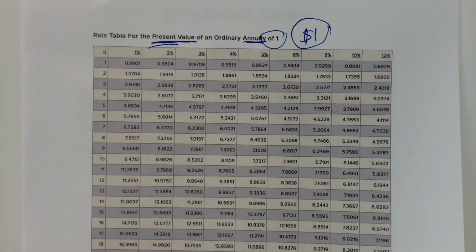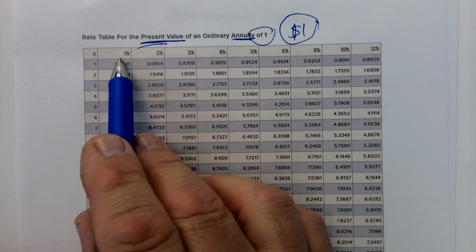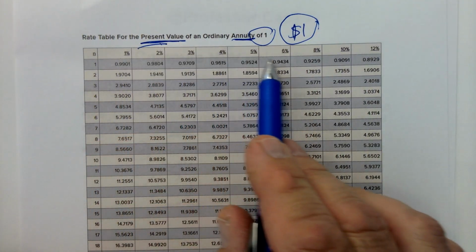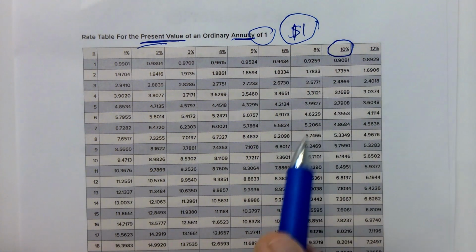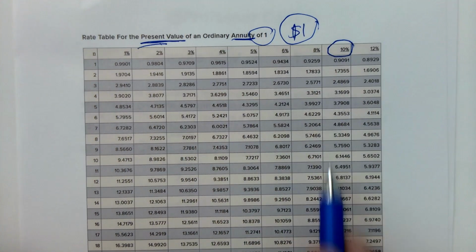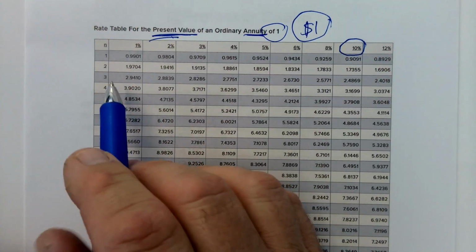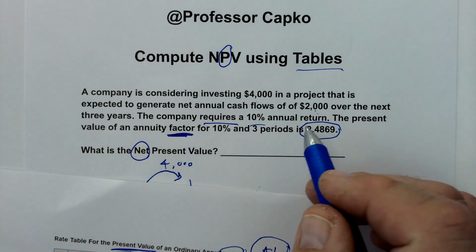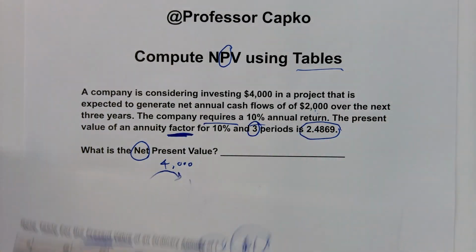The way you use this table is you would look at the interest rate, and we look across the top till we find our interest rate. In this case, we're looking for 10%. So that's the column we're going to use. And then we look for the number of periods. And in our case, it's 3 periods, right? 3 years is what we're looking at.